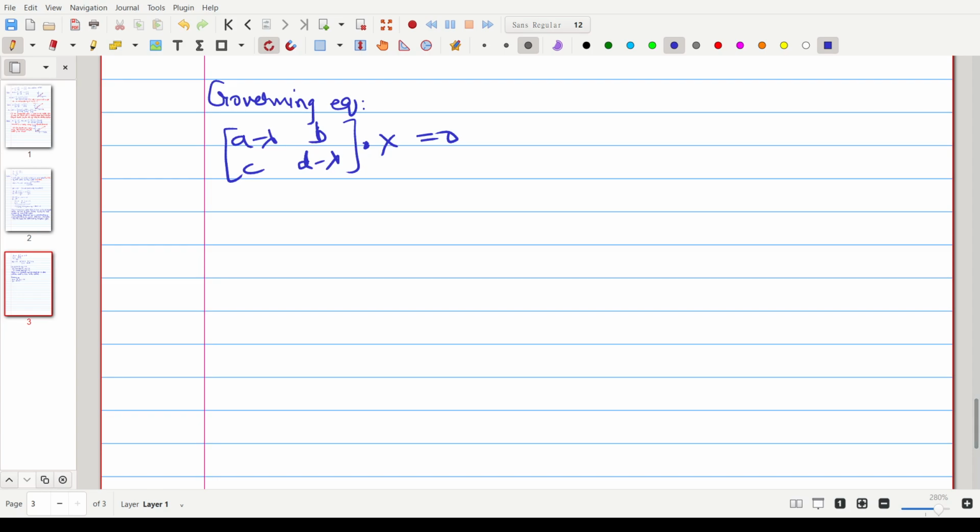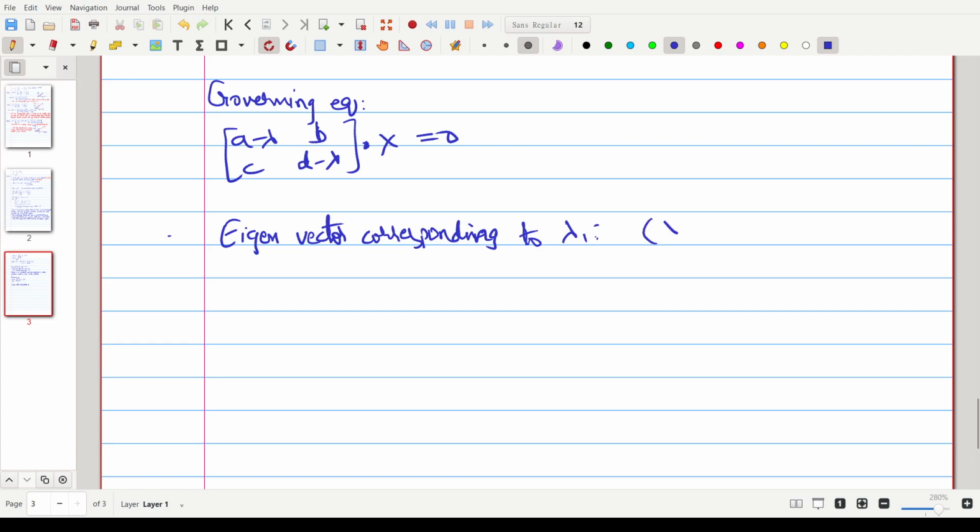Then we find the eigenvector corresponding to lambda 1.